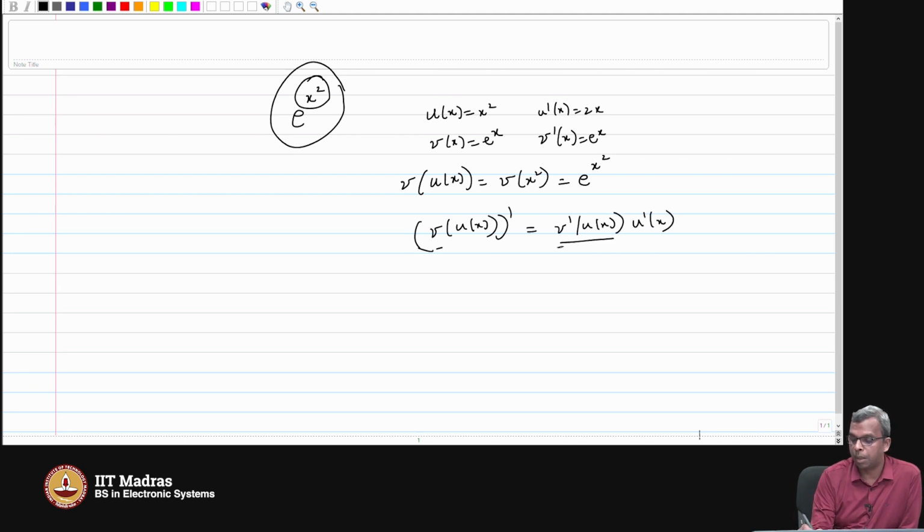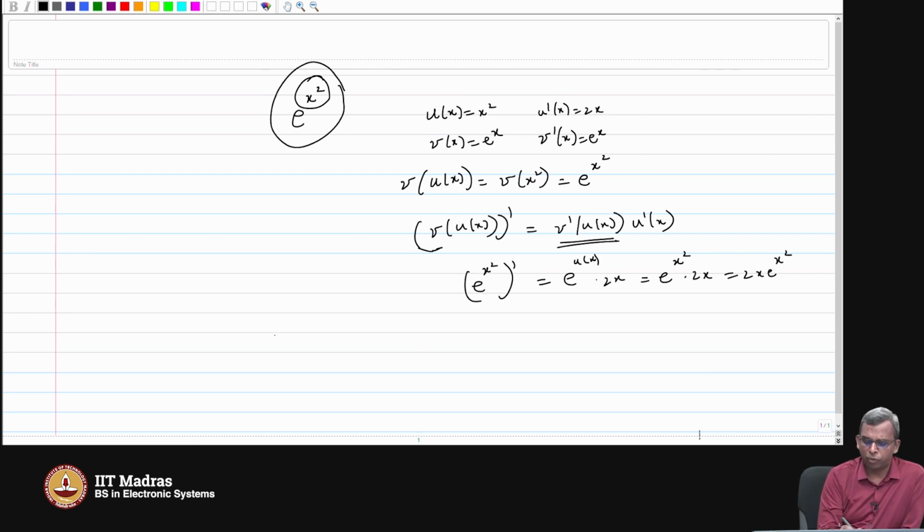What is v prime of u of x? In the function e power x, instead of x I put u of x. So it will be e power u of x times u prime of x, which is 2x. What is u of x now? x squared. So it is e power x squared times 2x. You can also write it as 2x e power x squared. So this is e power x squared, the whole prime.